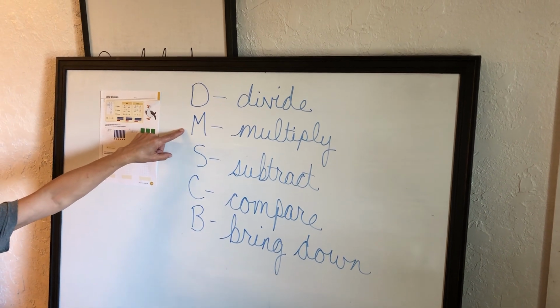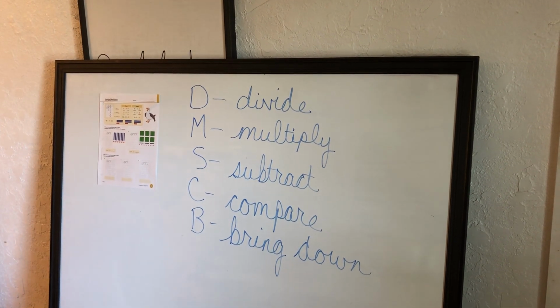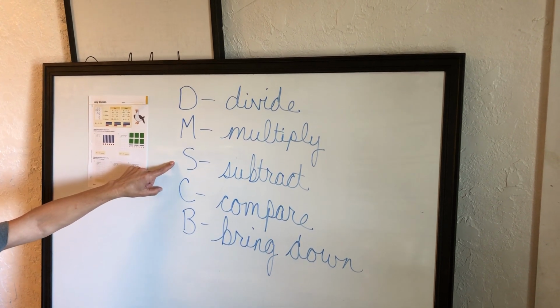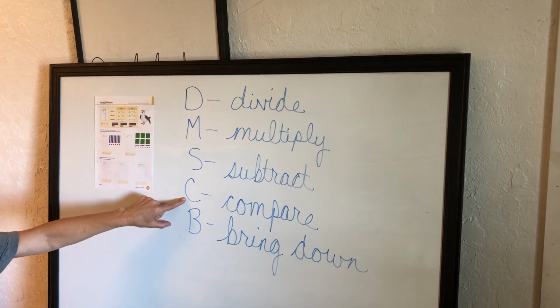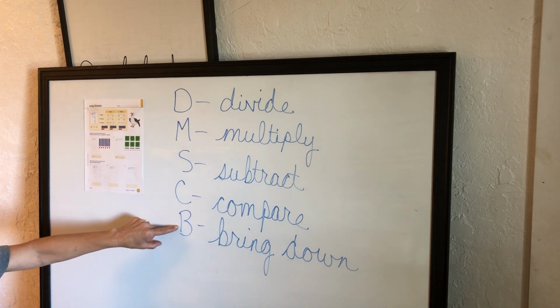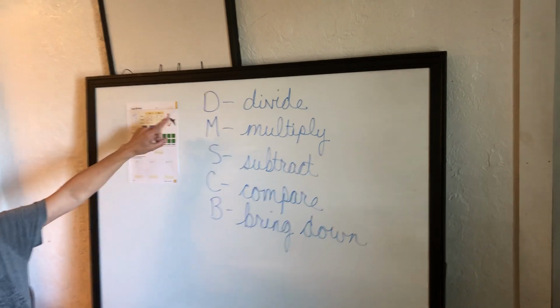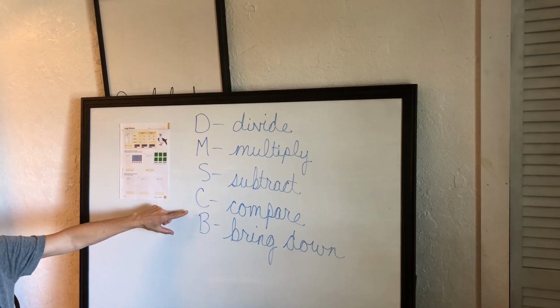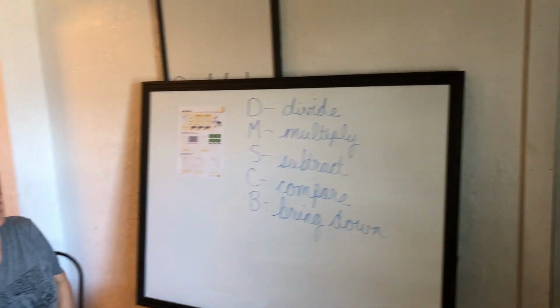M stands for multiply. That's the second step in long division. S, subtract. C, compare. B, bring down. So it's divide, multiply, subtract, compare, bring down.